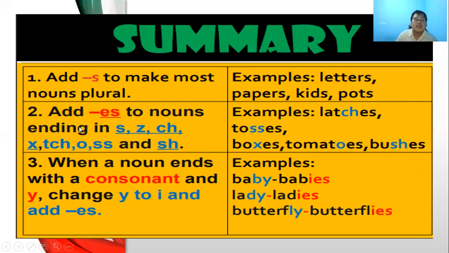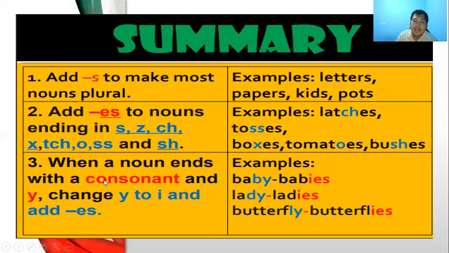Rule number two: add es to nouns ending with s, z, ch, x, tch, o, ss, and sh. Example: latch, latches; toss, tosses; box, boxes; tomato, tomatoes; bush, bushes. Is that good? Okay.